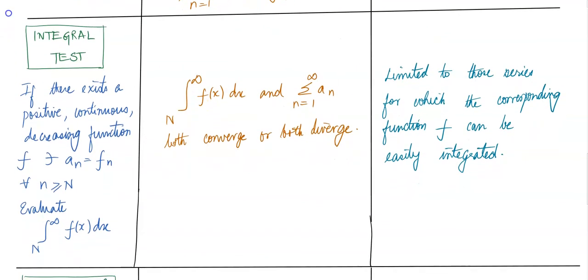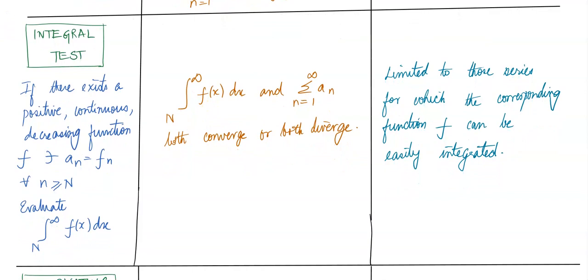We have the integral test. As the name says, there will be an integral. You'll use this test when you know that your function can be easily integrated. There's an integrable function, and you have these conditions, of course, that it's positive, continuous, and a decreasing function. Then an and fn can be matched, so that you could use integration to decide if the series converges or diverges.